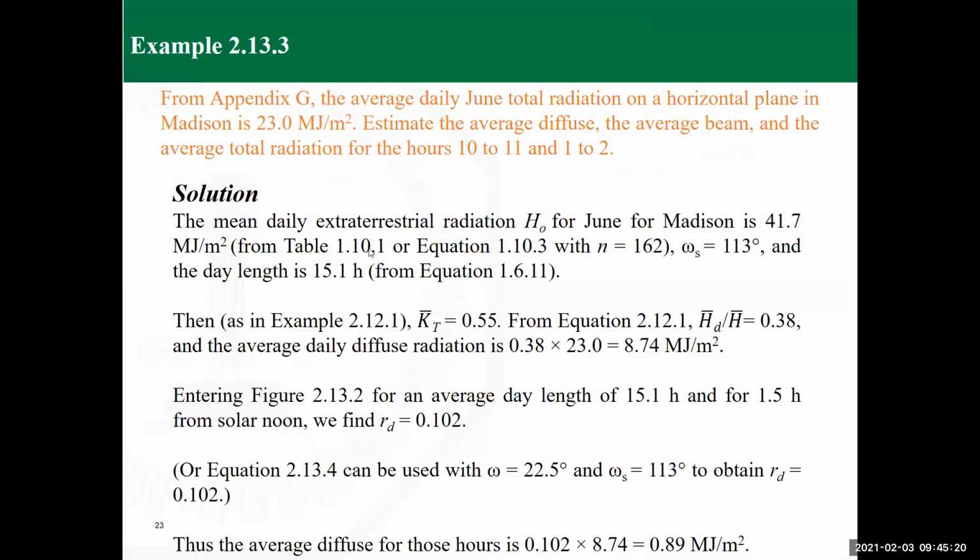I think I will stop here for that presentation, and then we'll continue with the rest of this chapter from our next class, inshallah. But the point here is what we are able to calculate now. We are able to calculate the monthly solar radiation, the hourly solar radiation for any location throughout the world.